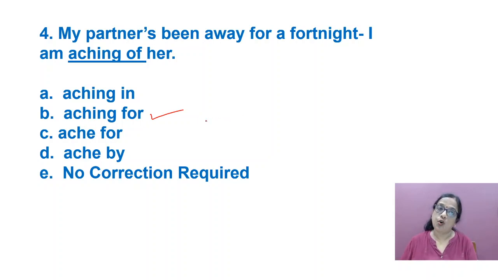When you want someone or something very much, which phrase do you use? Aching for. My partner's been away for a fortnight, I am aching for her. It means I very much want her; the meaning is to want somebody or something.